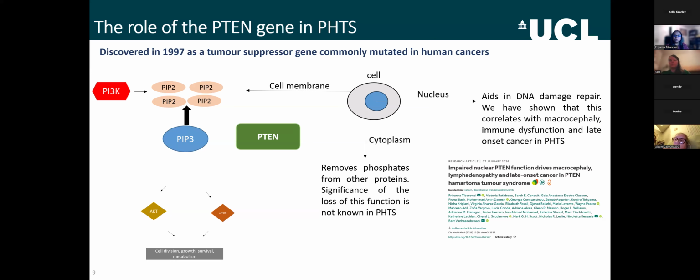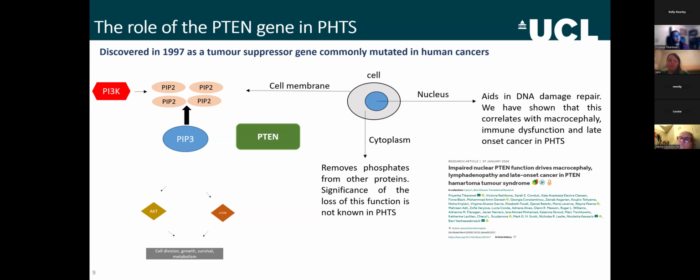You have the immune dysfunction, which is caused because of its effects in the immune cells. You have the individual different cancers. So it does affect systemically a lot of different types of cells and tissues in our body, and therefore it causes these different symptoms. So this is a summary of what the role of the PTEN gene is.